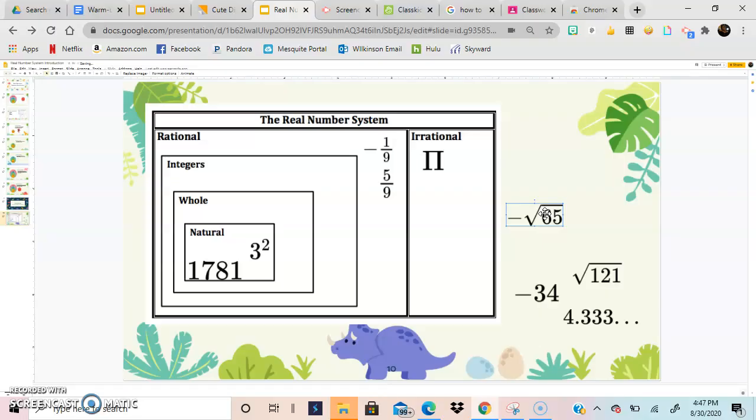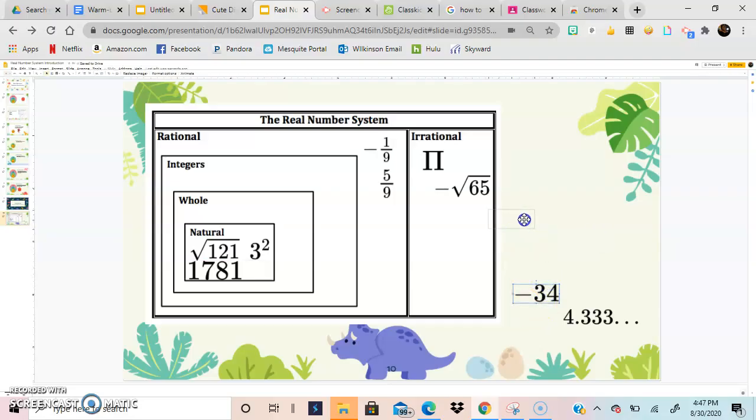Negative square root of 65. Square root of 65 is not going to give me a whole number. It actually gave me a decimal. So it automatically goes to an irrational. Square root of 121. It reduces to an actual whole number. So I'm going to go all the way in to a natural because it reduces to 11.